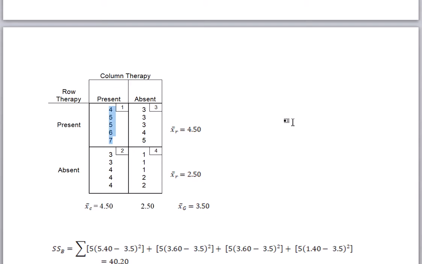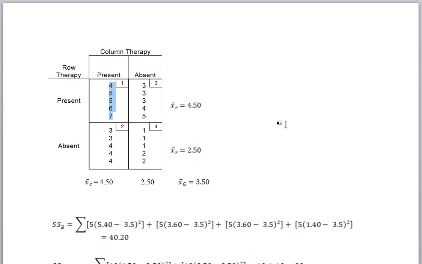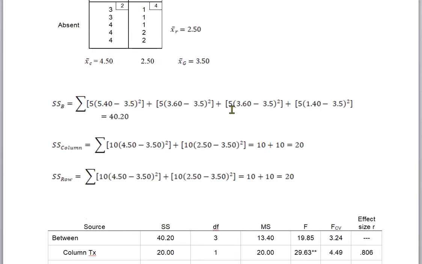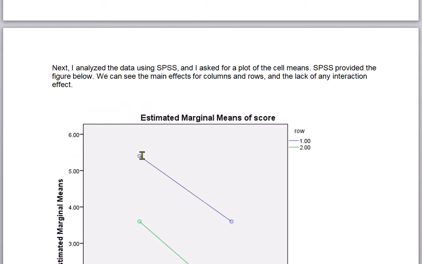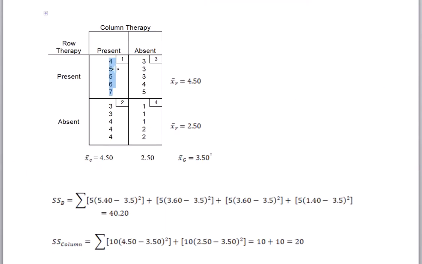I don't have the cell means displayed here, but I presume that that cell mean is equal to 5.5 because that's what it looks like right here. The circle here at the end of the line is the position that shows you the mean of this smaller group of people.